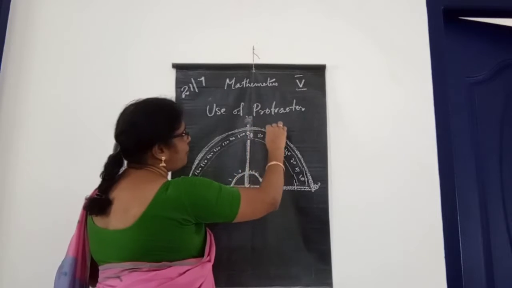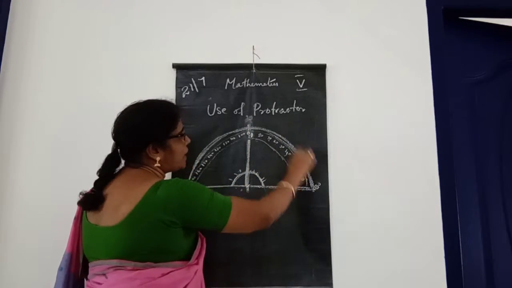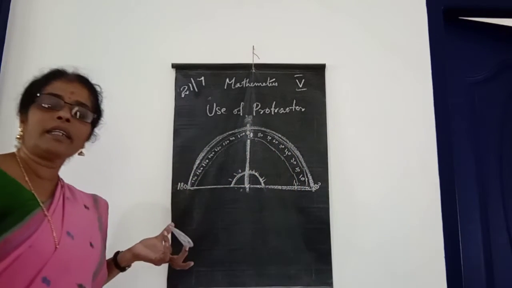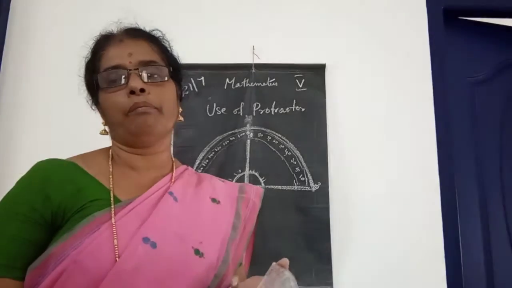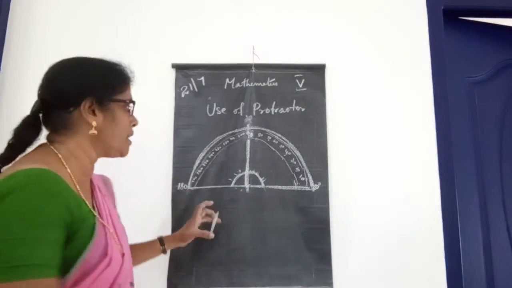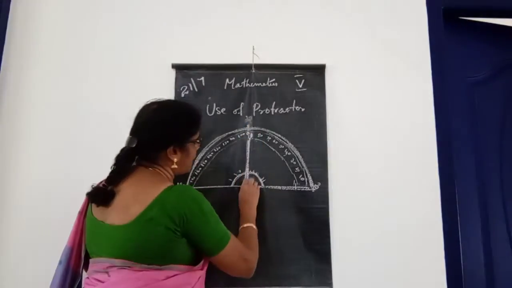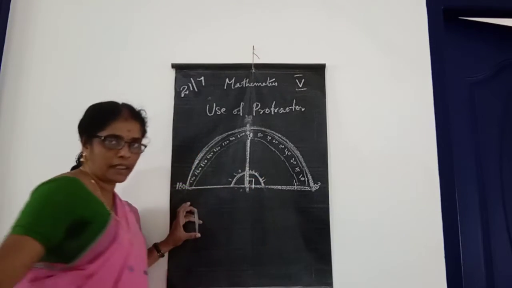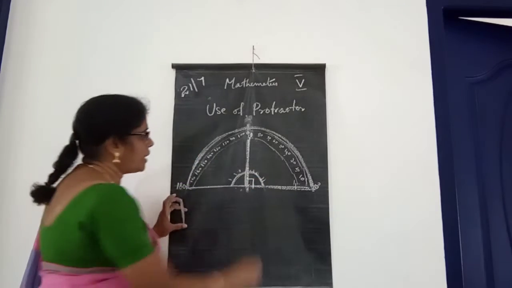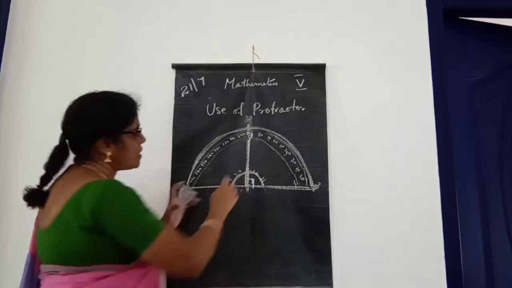Below 90 degree, that is an acute angle, isn't it? The 90 degree here is a right angle.